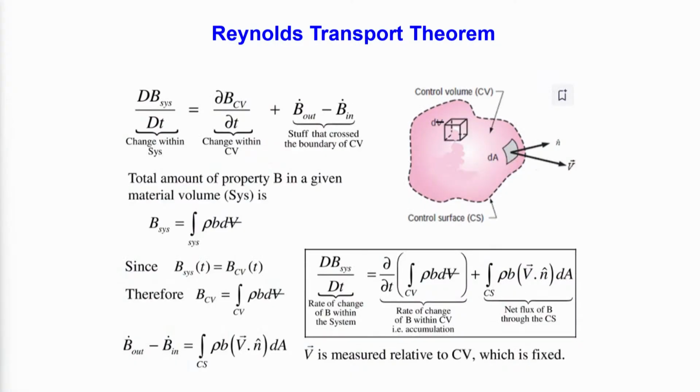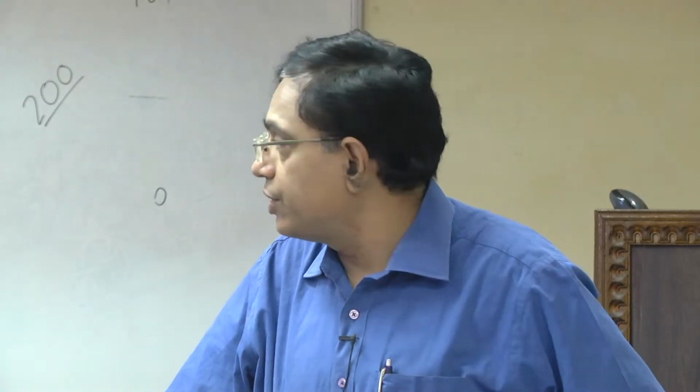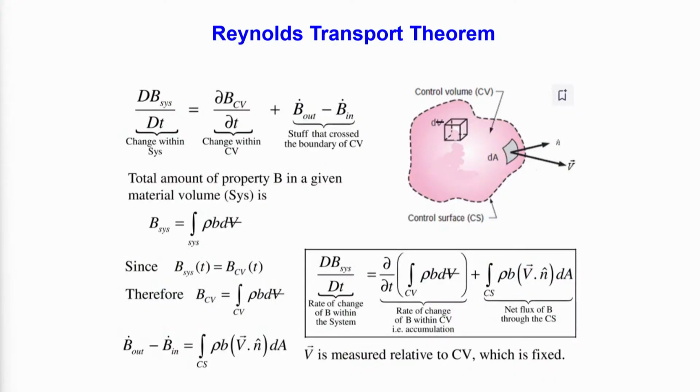So, the volume flow rate is the velocity in the normal direction times the area. V dot n into dA is the volume flow rate, that into rho density is the mass flow rate, and small b is per unit mass. So, the last term gives the net flow of the property B. V dot n is positive if it is an outflow boundary and negative if it is an inflow boundary. So, that out minus in is automatically taken care of by the dot product, and separately plus and minus is not written.